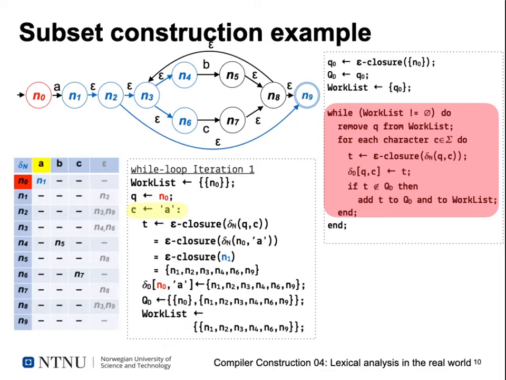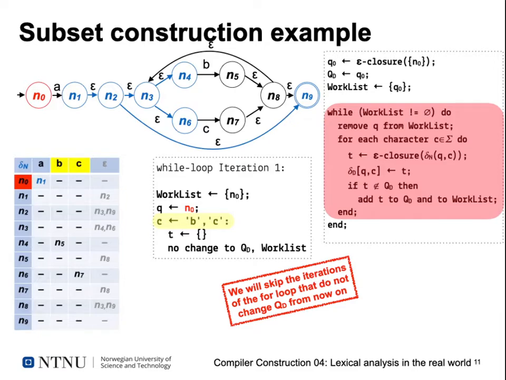Okay, so we are in this while loop, and we ran through our for loop one time because we only looked at what happens in our inner loop when C is A. So we now need to look at the other characters in our input alphabet. Now for B and C, going from N0, well, there's nothing in this automaton, so you don't end up in any subsequent states.